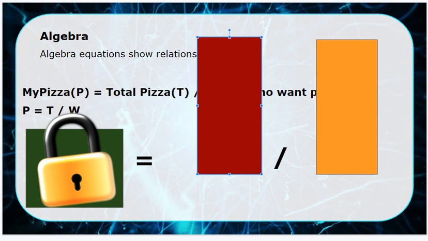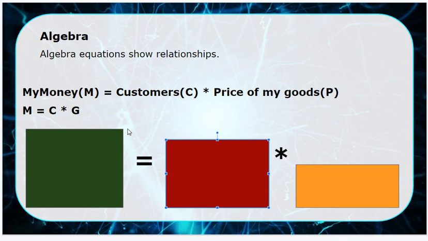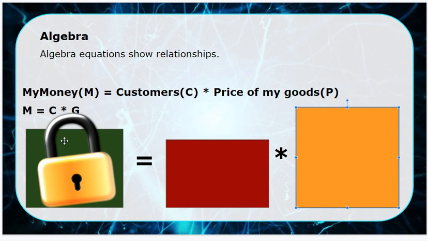And what about multiplication? What if this number is locked over here? And what if, let's say you raise your prices, but your money doesn't change.